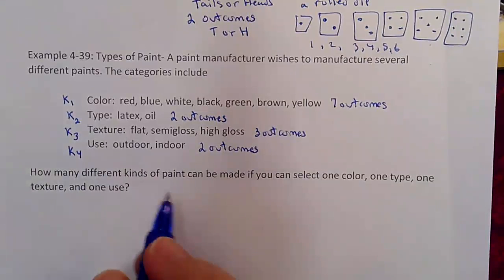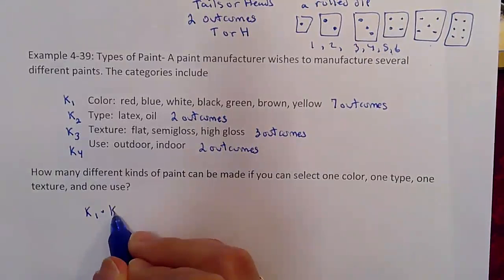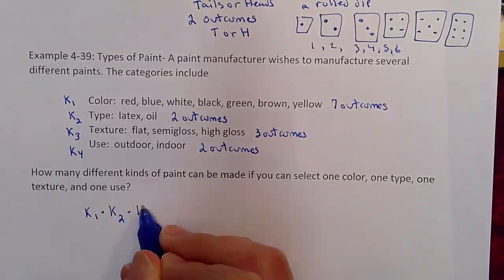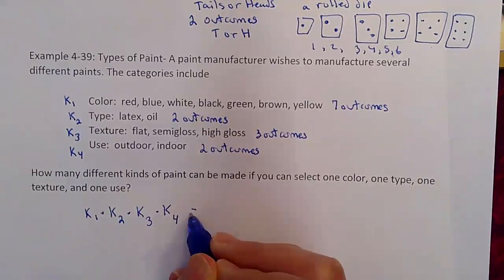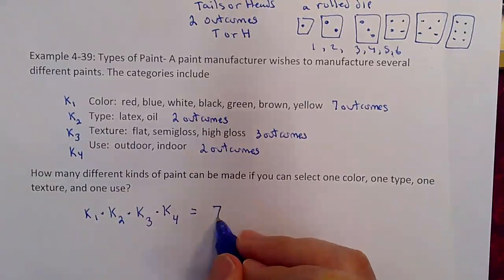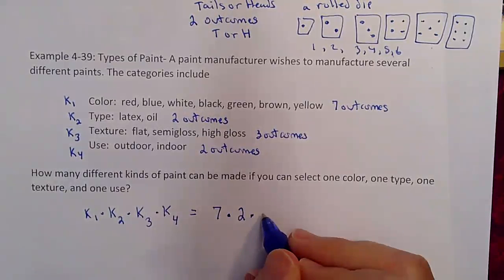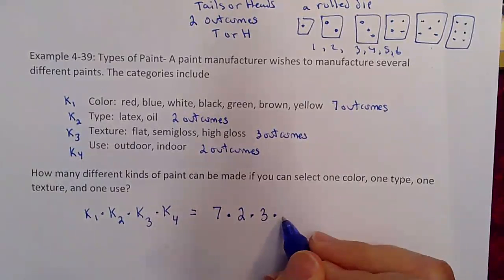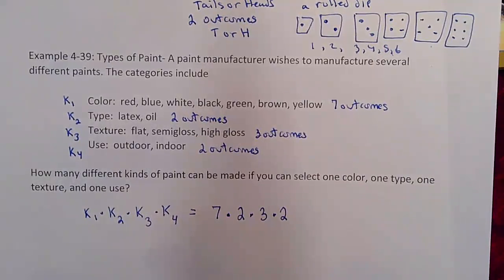Okay, so for you, you would have K sub 1 times K sub 2 times K sub 3 times K sub 4. And then when you do your substitutions, you would have 7 times 2 times 3 times 2.